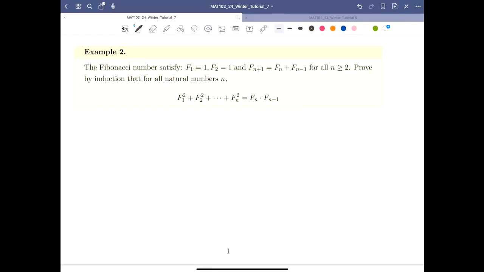So now I need to show P of k+1: F1 squared plus F2 squared all the way to Fk squared, and then plus Fk+1 squared.